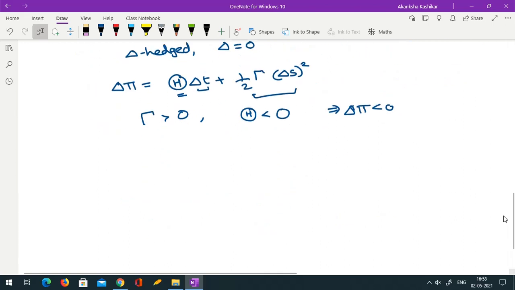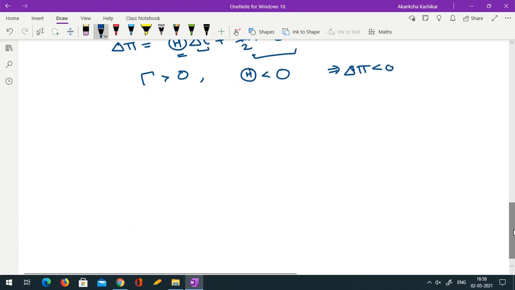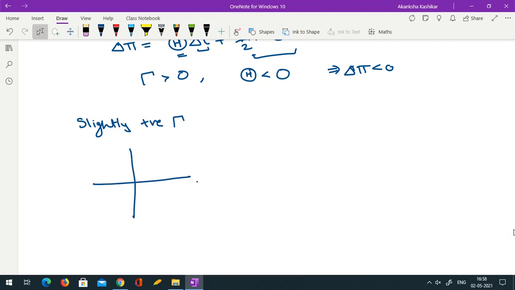Because of this, there are 4 different scenarios depending on values of gamma and magnitude of gamma. So if you have slightly positive gamma, then what happens to the portfolio worth with respect to changes in share price?